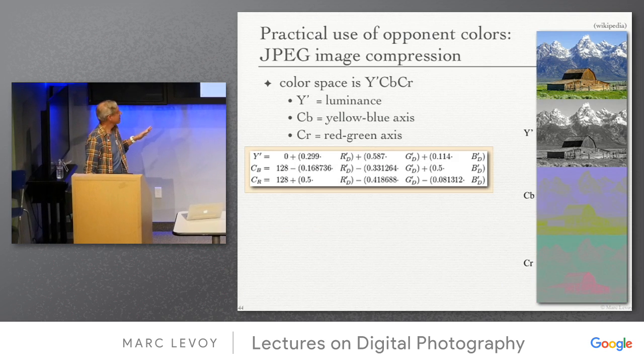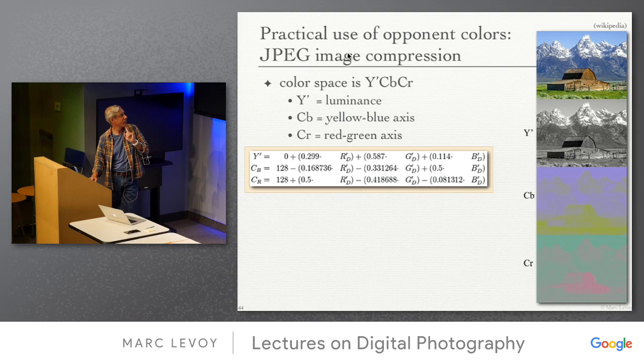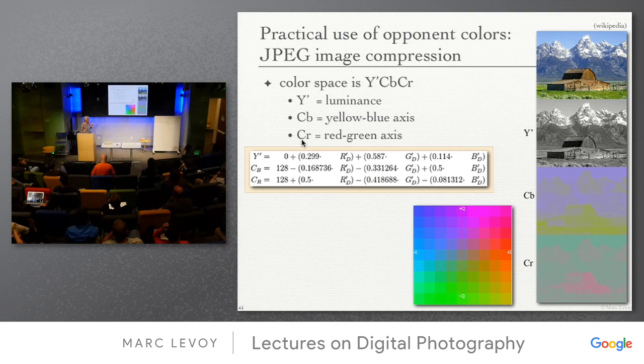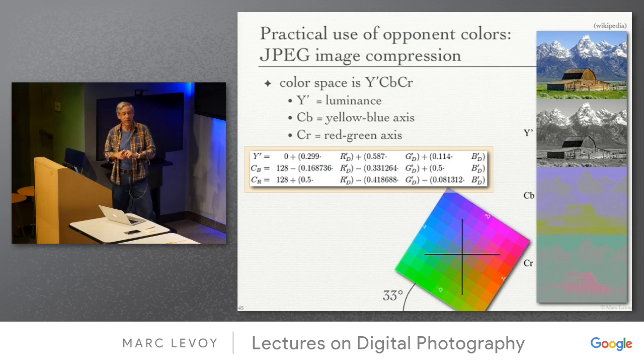Okay, let's talk about JPEG. That's a little bit more relevant for digital photography. So it's a similar system. It has a slightly different luminance, Y prime, CB and CR, and it is a slight rotation of those axes from I and Q, a 33-degree rotation.